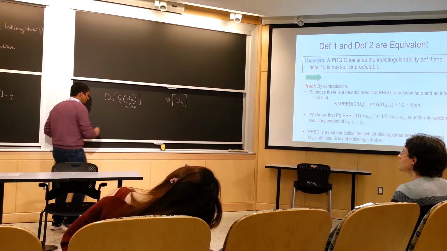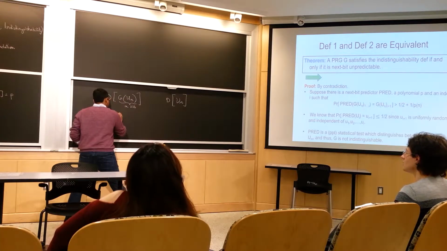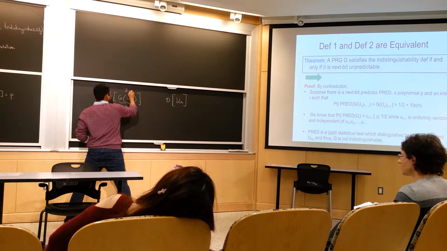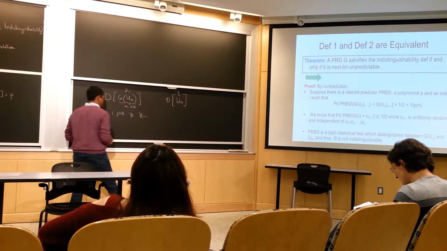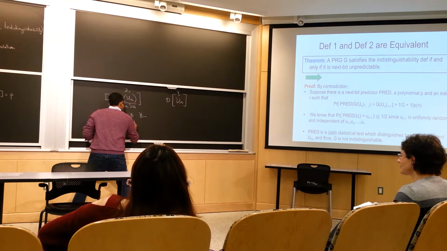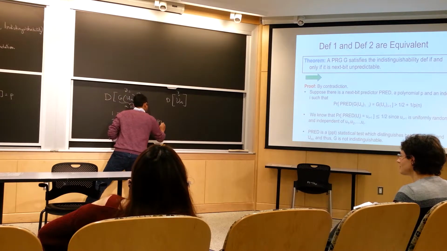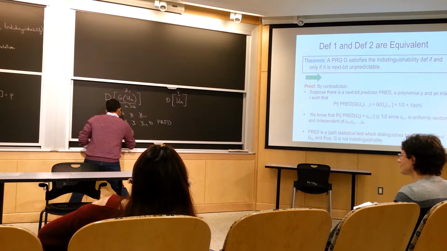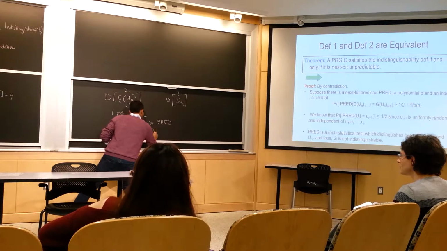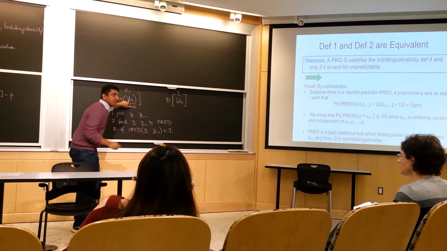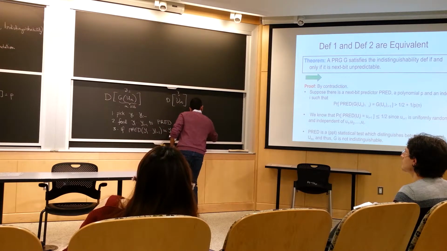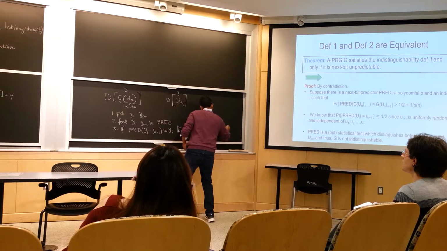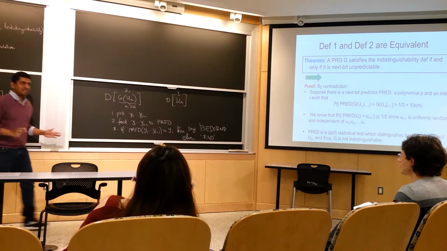He picks, call it y, y1 up to y i minus 1, and feeds y1 up to y i minus 1 to the predictor. If the predictor outputs the right bit, the next bit y i, which I know because I know all the bits, then say pseudorandom, else say random. That's that. Very easy.